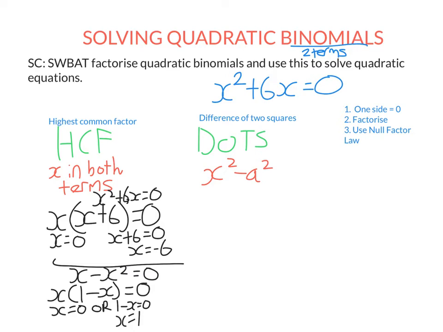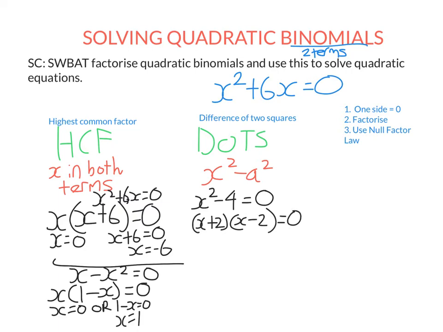So let's look at some examples for difference of two squares. Let's have something like x squared minus 4 is equal to 0. This is difference of two squares because it's a perfect square minus a perfect square. So we already have one side equal to 0. What we're going to do is factorize. Now, how you do factorizing difference of two squares, you get two brackets, square root the first, square root the second, one gets a plus, one gets a minus.